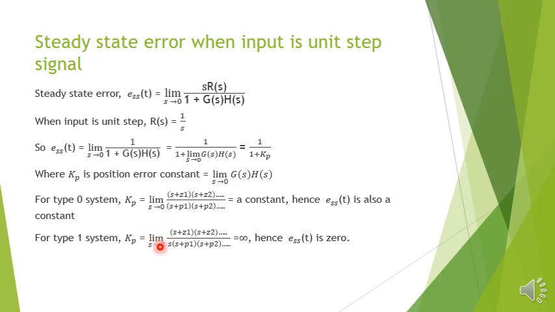So this position error constant becomes infinity, hence steady state error becomes 0. Means it is matching with desired input. Output and input are equal. Similarly, as the type number increases, s becomes s square, s cube, s to the power 4, as the type 2, 3 and 4. In all the cases, the constant becomes infinity and steady state error is 0.